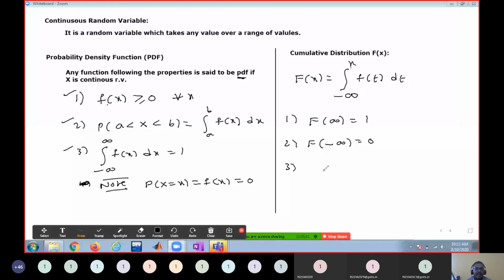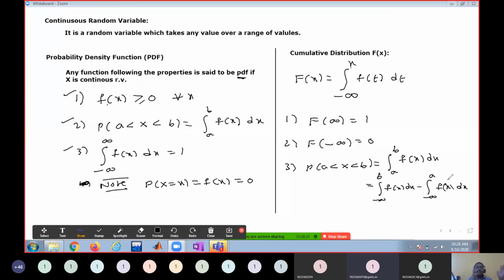And this probability, the probability that a less than x less than b, is nothing but the integral from a to b of f of x dx. Can I write it as the integral from minus infinity to b of f of x dx minus the integral from minus infinity to a of f of x dx?